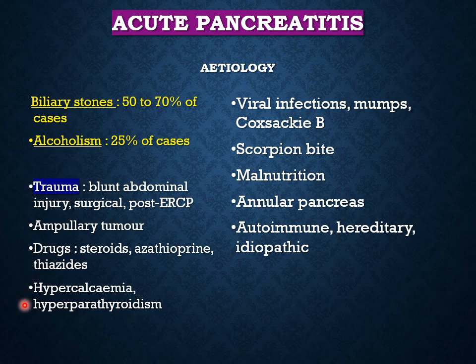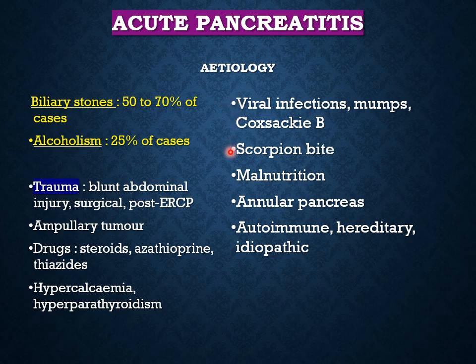Hypercalcemia, especially in patients with hyperparathyroidism, high levels of serum calcium can predispose to acute pancreatitis. Then we have infections, especially viral infections. Most important are mumps and Coxsackie B virus infection. Mumps is a common cause of acute pancreatitis, and it occurs in children or young adults.